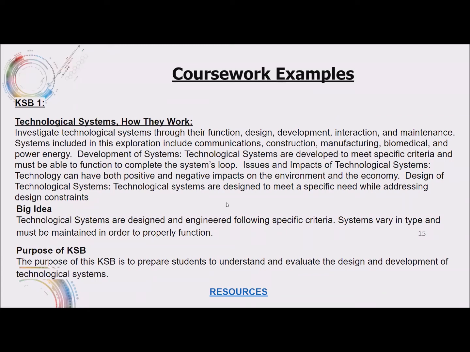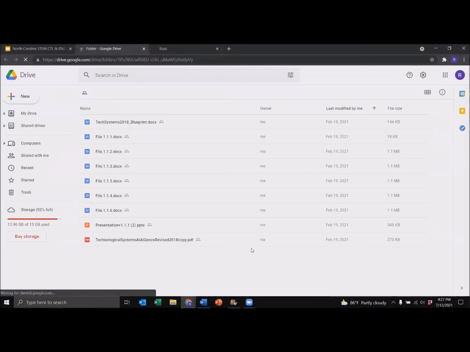The overarching purpose of this KSB, which is similar to a high school unit, is to prepare students to understand and evaluate the design and development of systems overall. So technological systems, as mentioned in the former at a glance, is all around a system building upon another system, how to maintain them, how to reconstruct them, and how to evaluate them overall. We also included some resources directly within this presentation to get a look and feel of what tech systems is completely about.